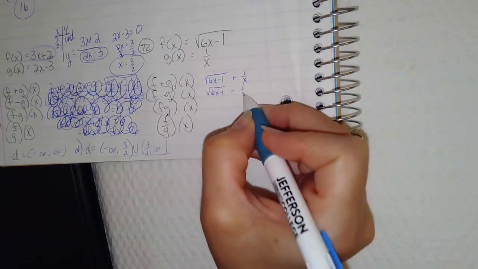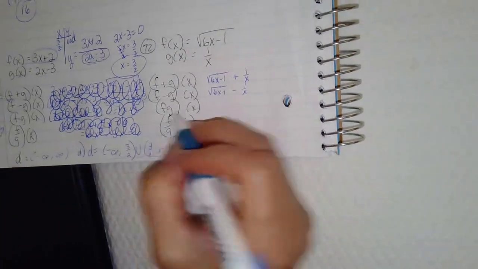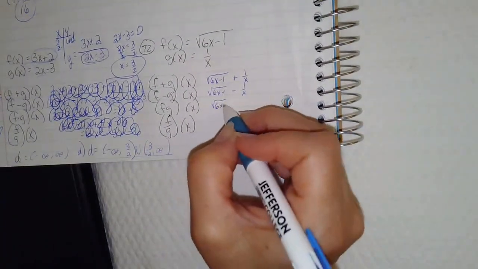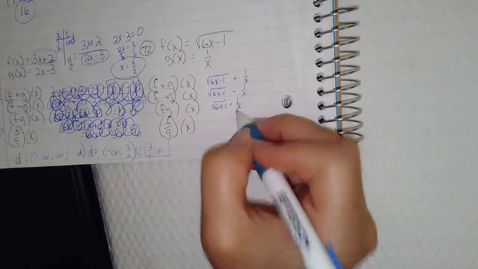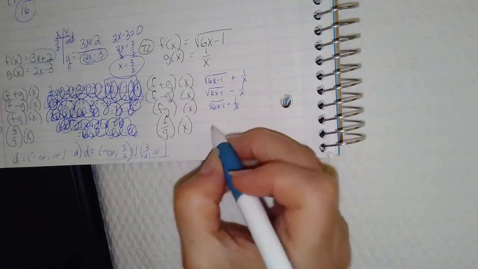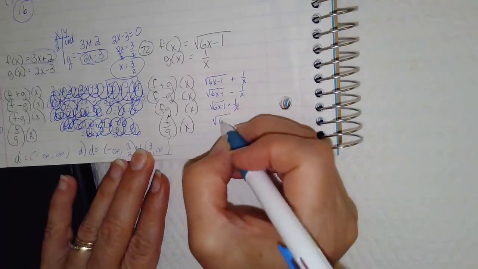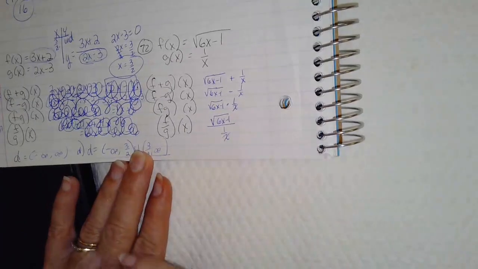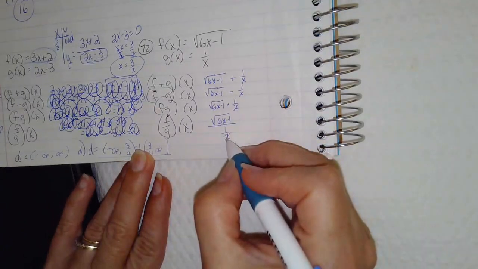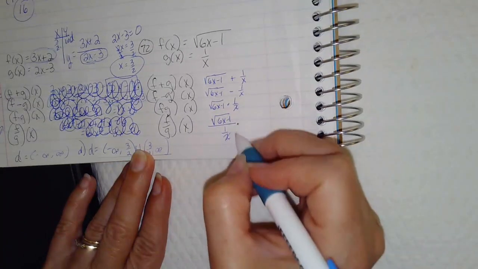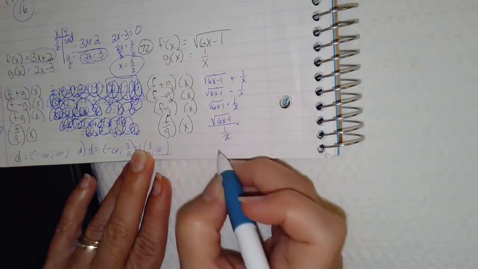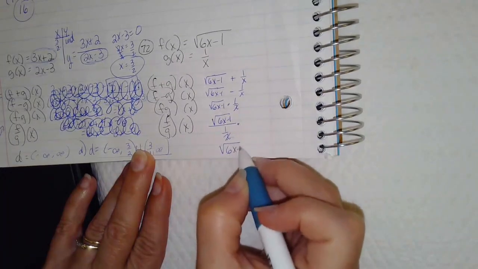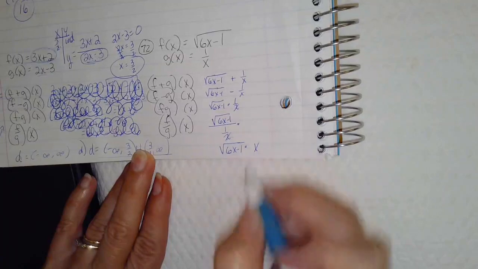F times g, we'll write it with a times sign. So these don't actually add or multiply or simplify very well. And then f divided by g will be radical 6x minus 1 divided by 1 over x. When we divide by the fraction, it's the same as multiplying by its reciprocal. So we could clean that up a little bit and call it times x. All right, so there's your 4 answers: add, subtract, multiply, and divide.